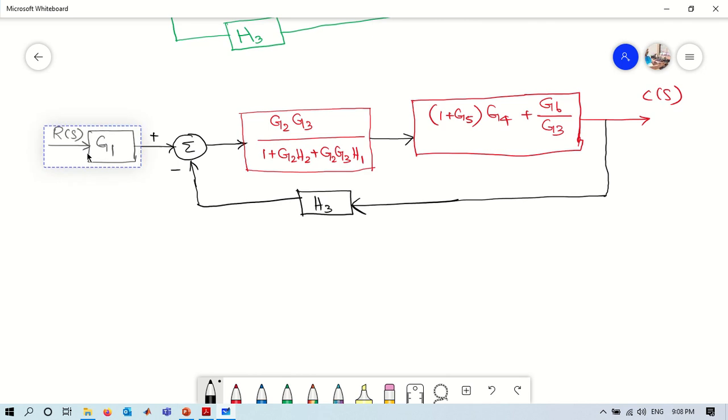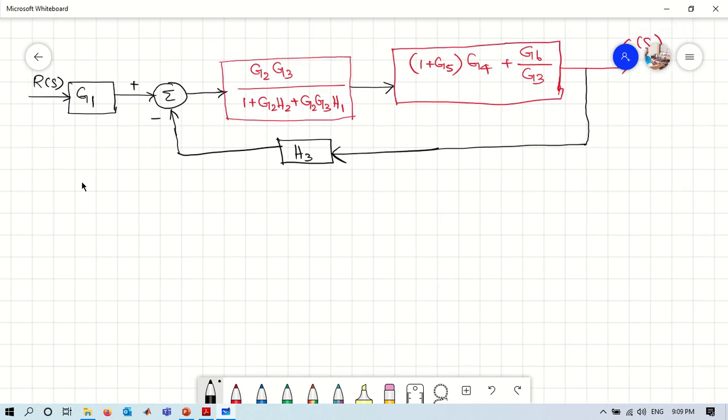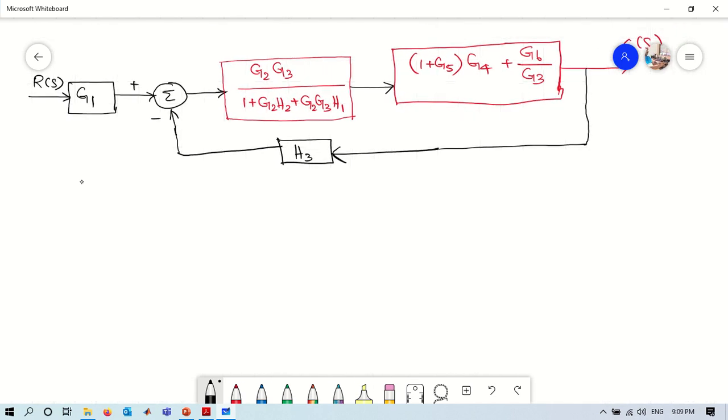So here, G1, and in here I go for this modification.